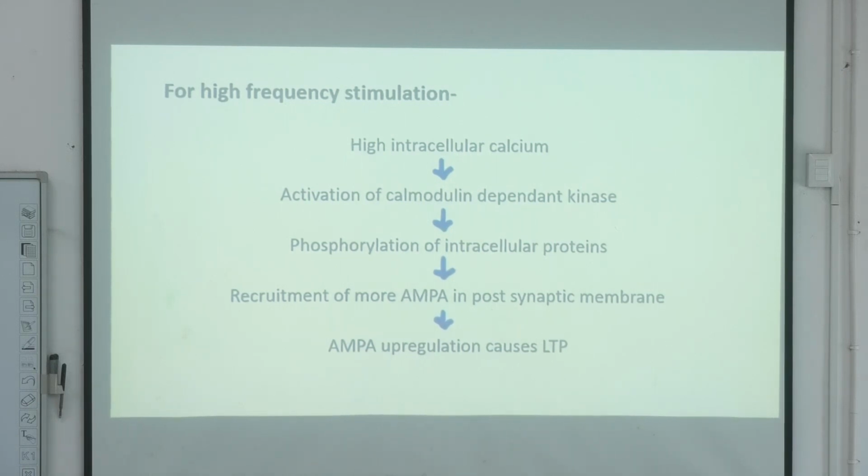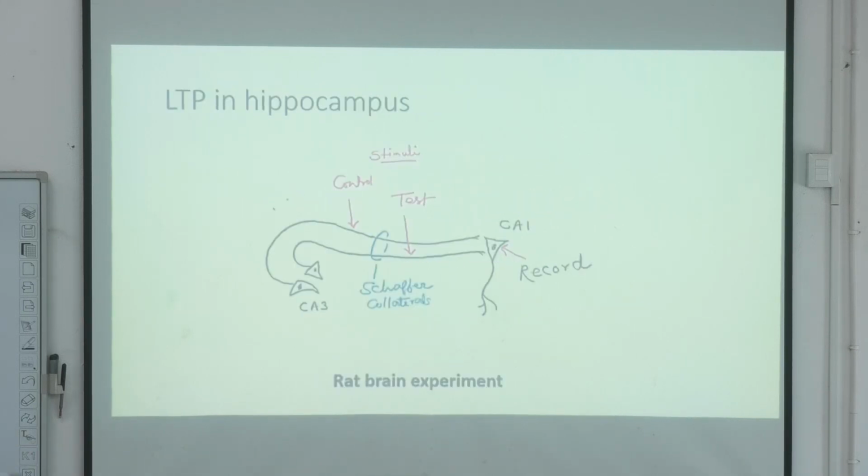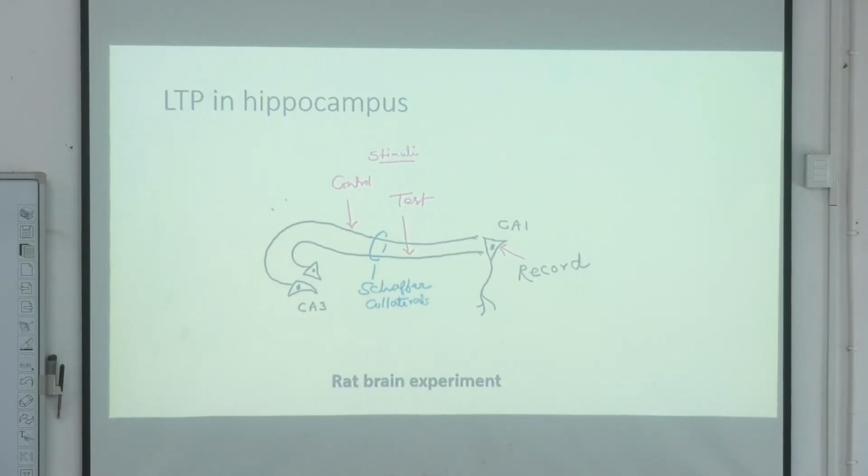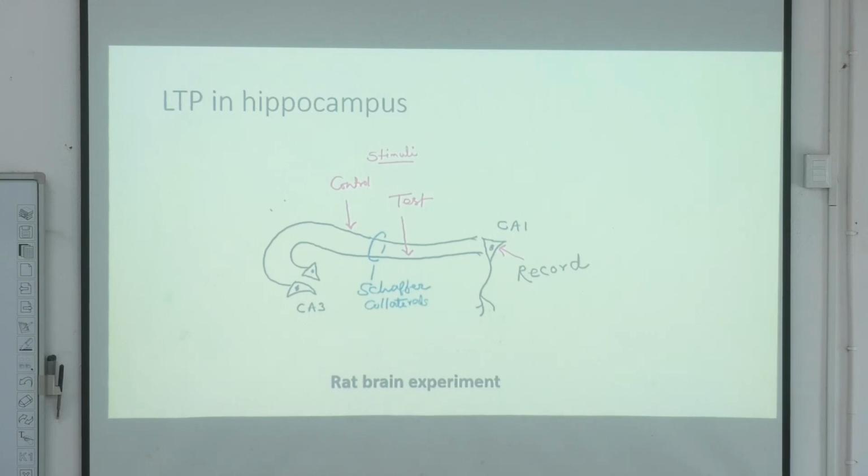Okay, so long term potentiation, hippocampus. You remember I told you hippocampus is the gateway of memory. There are three structures responsible for your memory. One is your RAS, that is reticular activating system. Next is your hippocampus.